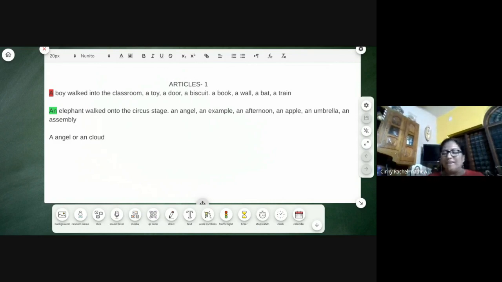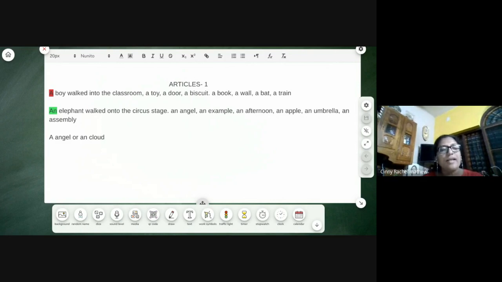Now, we come to another significant rule. Okay, a and an, we know their place. Now, suppose we say a books instead of a book.